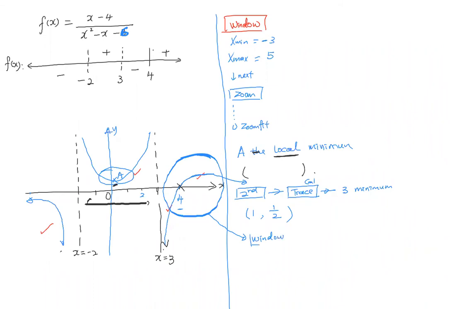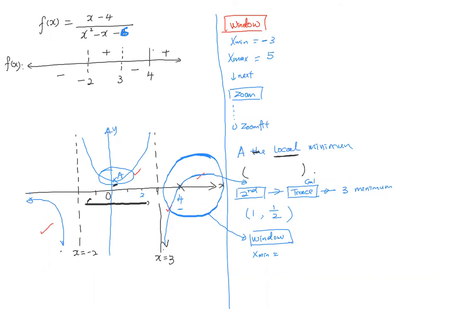What you do to the window is set your X minimum. Make sure it is a bit less than 4. What are you going to choose?